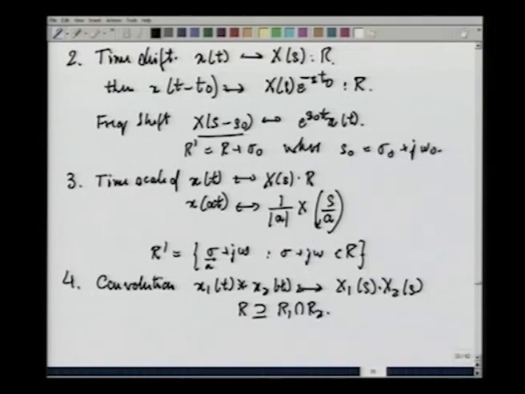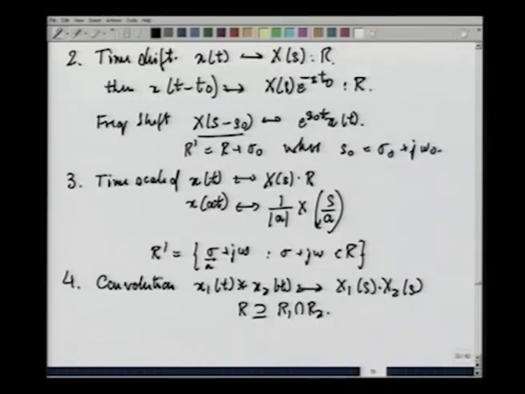It should normally be equal to the intersection of R1 and R2, but it could exceed it for reasons similar to what happened with the discussion of linearity, that is the cancellation of some poles of X1 with the zeros of X2 or vice versa. This would free up the ROC a little and you could have an ROC larger than before.